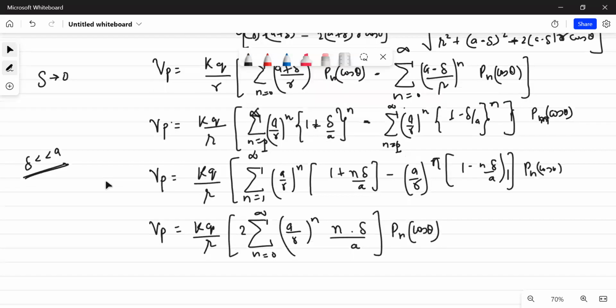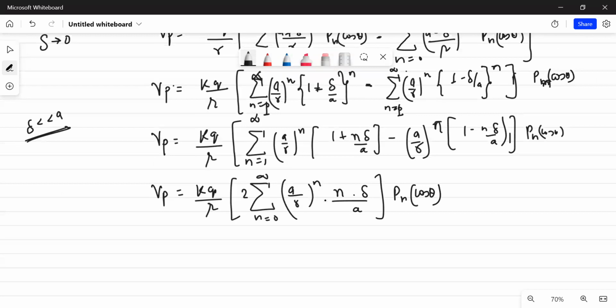Okay, so effectively, if I take this, I don't know what to do about this L. Let's say we'll do something of this L. So this A would come out. So I'll write VP as Q upon 4 pi epsilon naught R into A, and this 2 del will come here. So I'll write 2 del here, and then I have this summation.